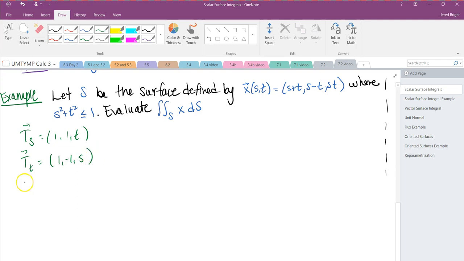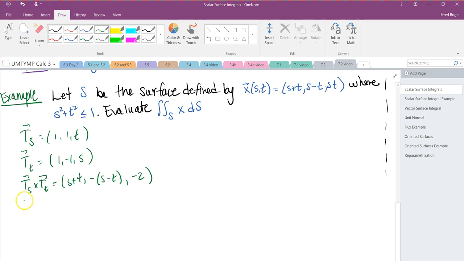Okay, so then when we cross these, Ts cross Tt is going to yield s plus t, and then negative of s minus t, and then lastly minus 2.